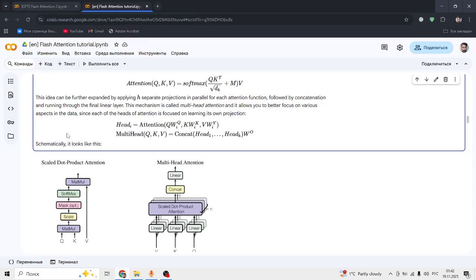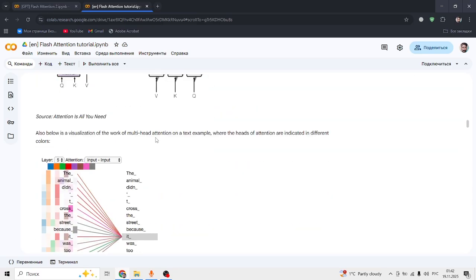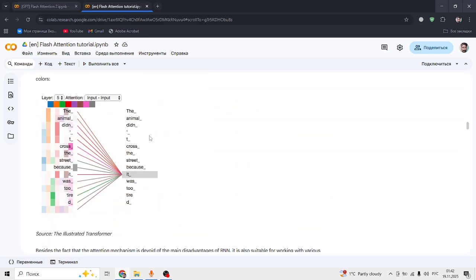So this is what the formula looks like, and there is an interesting scheme from the Illustrated Transformer paper. For example, we have the word eat and we see the connection of this word with other words, and each color describes each head and its activity.